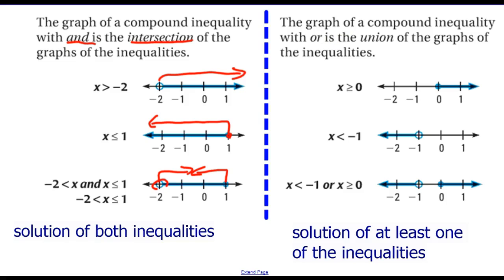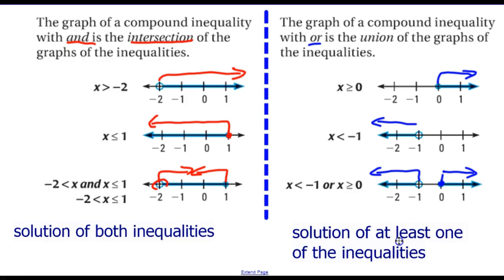Now the graph of a compound inequality with or is the union of the graphs. So if we have x is greater than or equal to 0, that's a closed circle pointing to the right. Here x is less than -1, open circle pointing to the left. So if we put those together, x is less than -1, so our open circle pointing to the left, or x is greater than or equal to 0, so our closed circle pointing to the right.